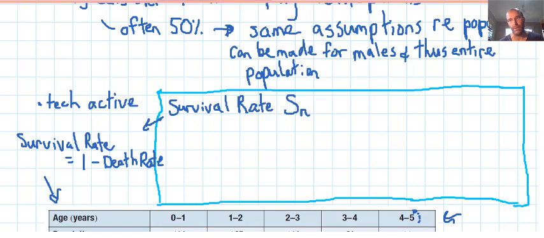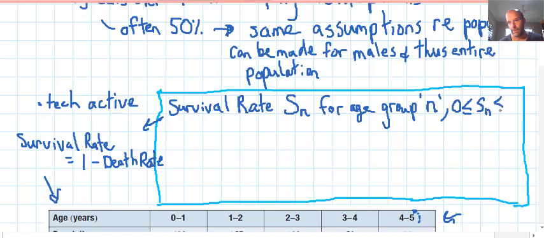We need to use survival rate. So survival of age group n, any of them, is always a value between 0 and 1. So 0 means none of that age group survive into the next time period. An example would be beyond the last group here: if you tried to set up a next age group, the survival would be 0 for those people or those animals.